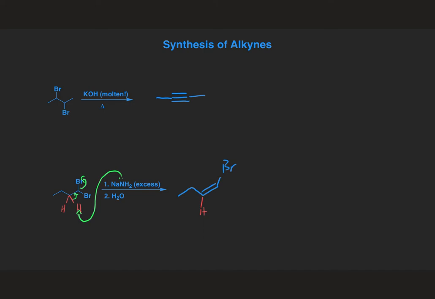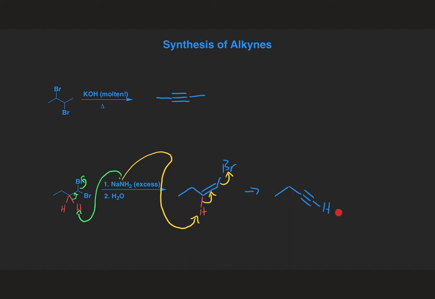And then a second amide, see I started with excess, so there's more amides around, would come in and attack this proton, which would kick up and kick that Br off to give you this intermediate. The terminal proton of a terminal alkyne is more acidic than this proton here.